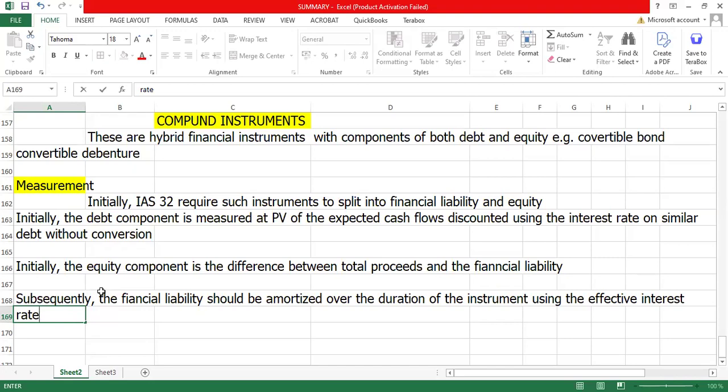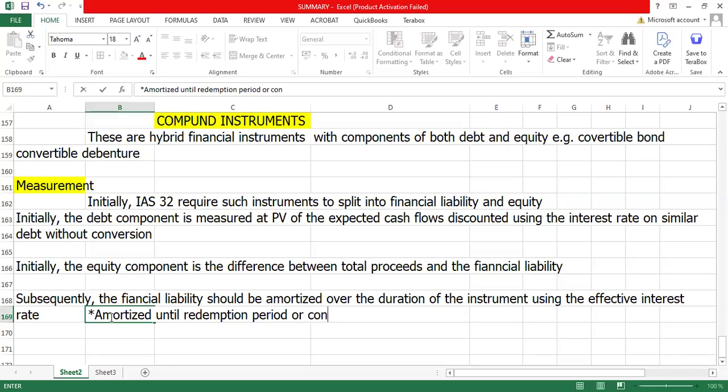Just understand that here you amortize until the redemption period, or the date of conversion to equity, because you may find you have the conversion date.